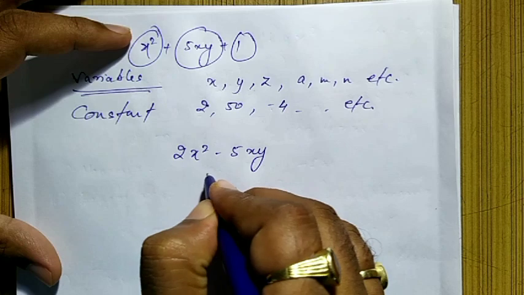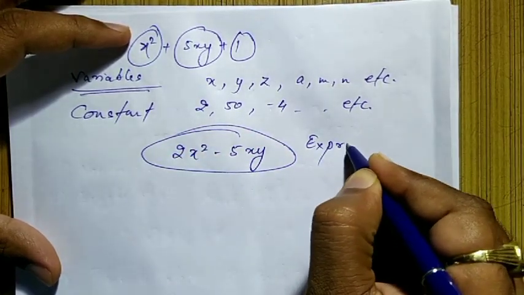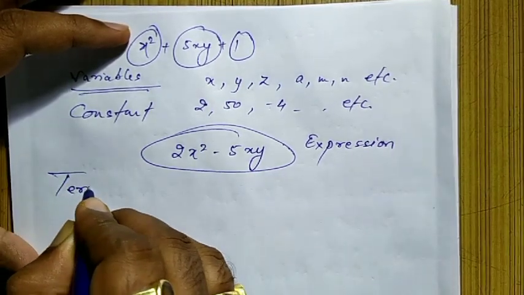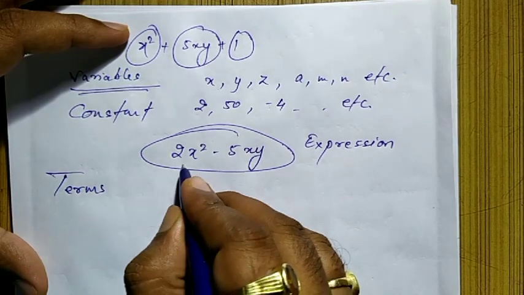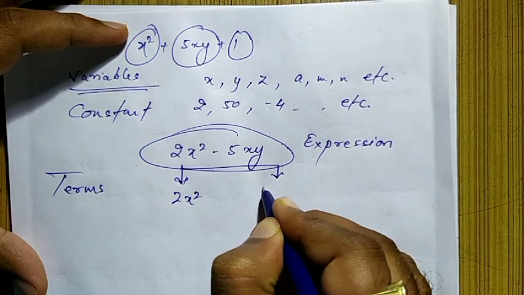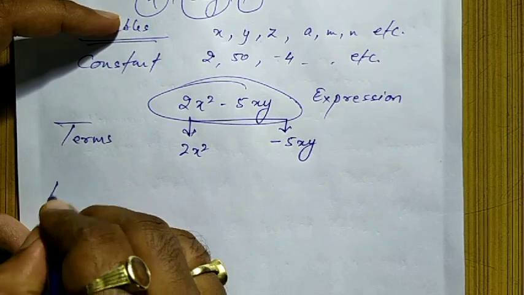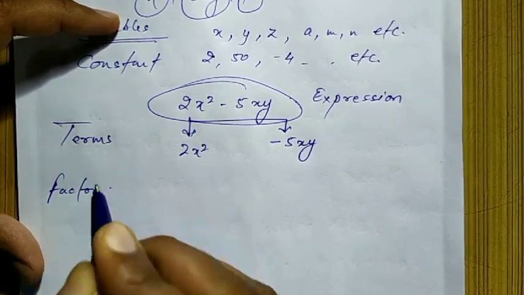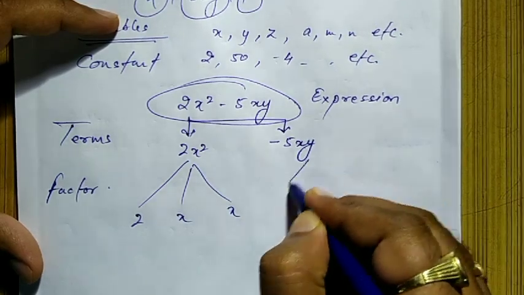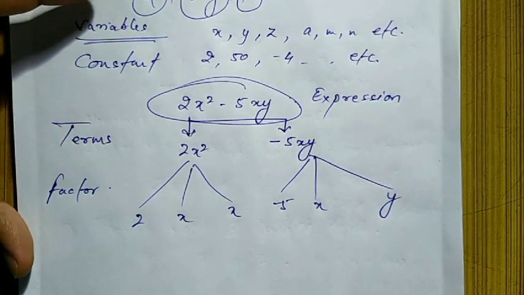Here this is called an expression, and the terms are 2x square and minus 5xy. And what are factors? The factors are 2, x, x, and here the factors of minus 5xy.